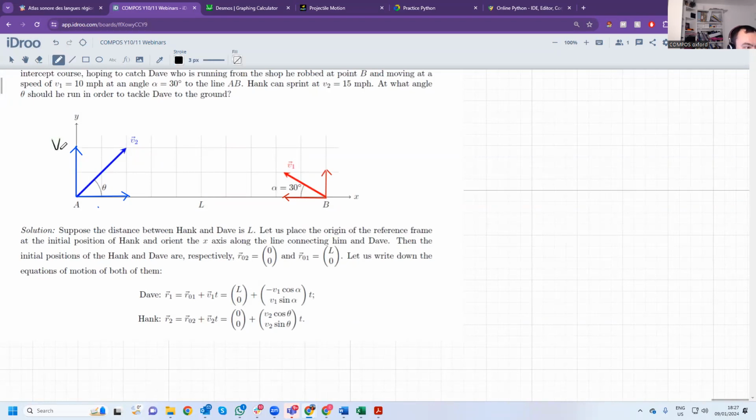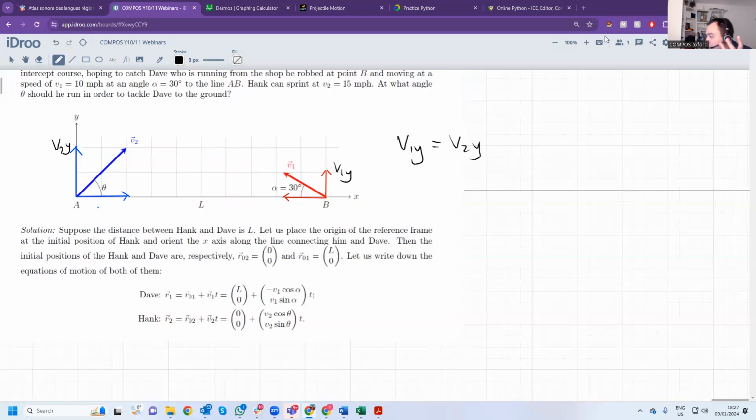this is called V2y and V1y. This is the vertical component, the y component. So V1y has to equal V2y, because only if they are traveling at the same vertical speed will they have the same y coordinates.